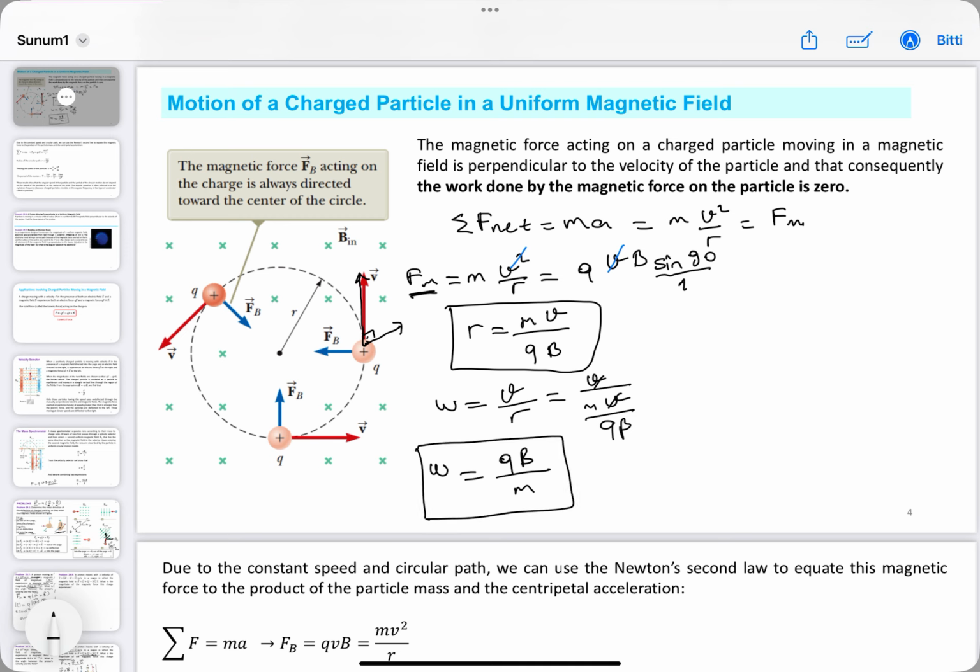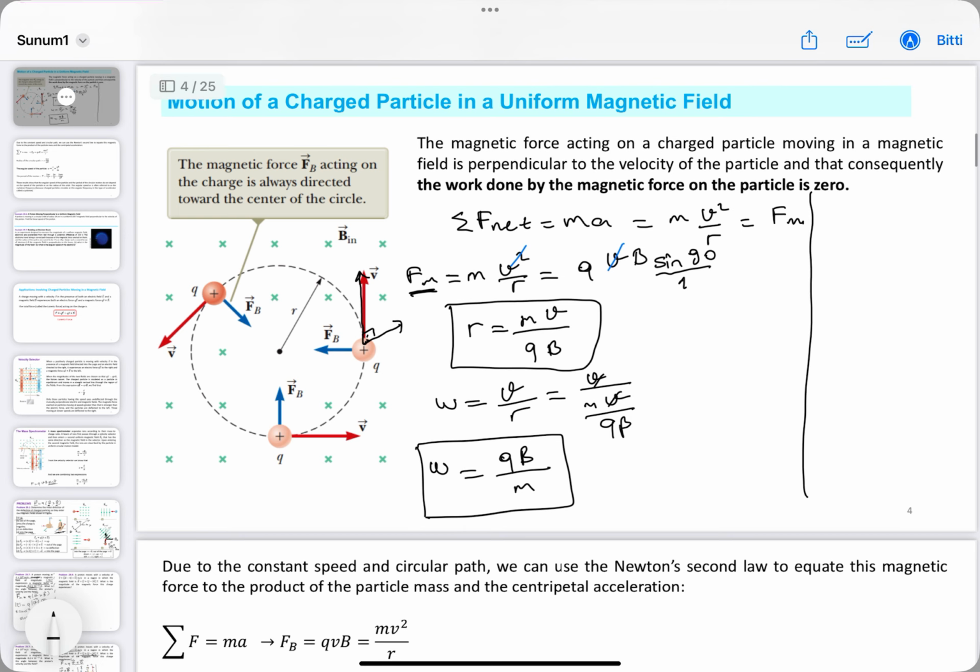There is another formula, which is the period of motion. We call it T. How can we calculate it? Actually, it is quite easy. I know x equals vt for constant speed. I can use this one. For circular motion, what's the x? I start from here and return to the same position. What is my distance?